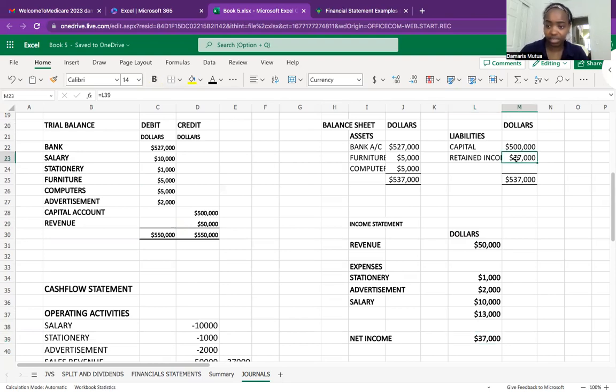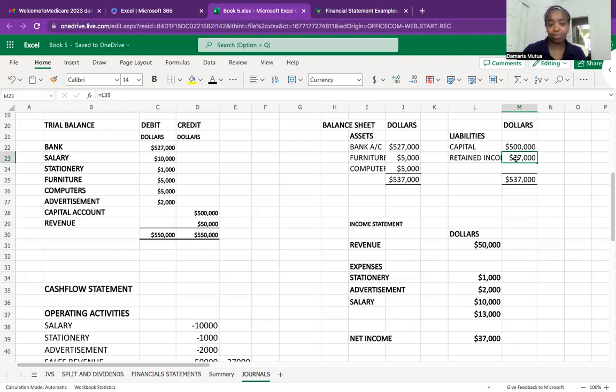If we want to pay dividends, we accumulate these profits. So it goes to the balance sheet. So we have our balance sheet and everything is coming from the trial balance. We have our income statement. Everything is coming from our trial balance.